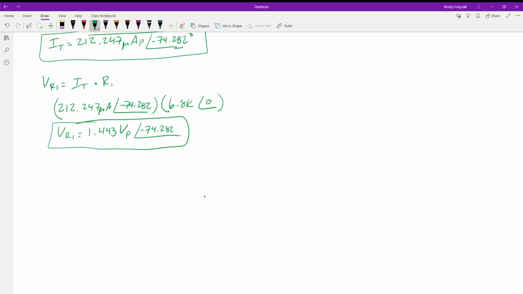So now that we have VR1, we can find inductor 1's voltage. Again, the current going through it is I total times the impedance of L1, so the whole thing: the winding resistance, the X of L, everything.